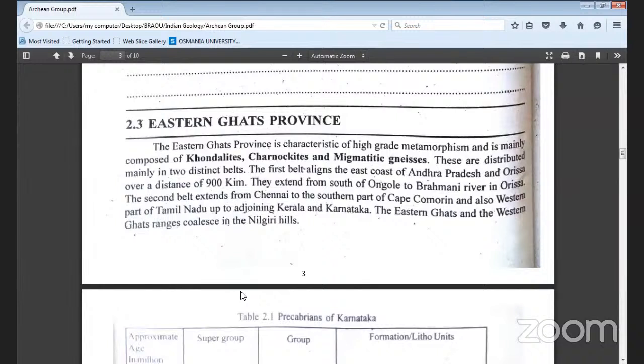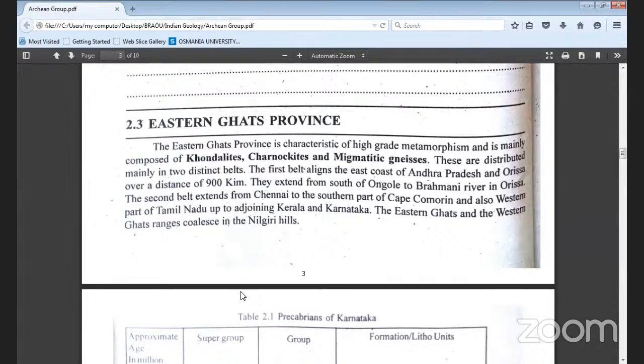And next one is Eastern Ghat province. The main characteristic is high-grade metamorphism, and mainly the composition is khondalite, charnockite, and pegmatite gneisses. These are distributed in two distinct belts. The first belt aligns the east coast of Andhra Pradesh and Orissa over a distance of 900 kilometers.